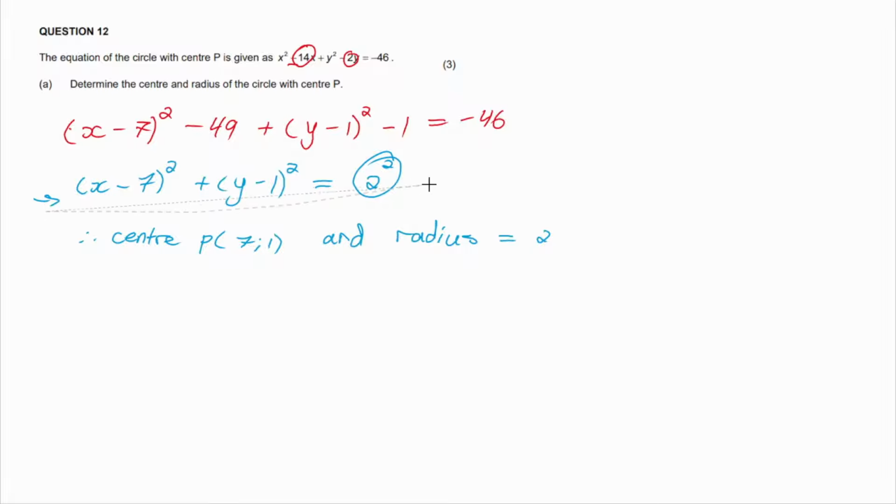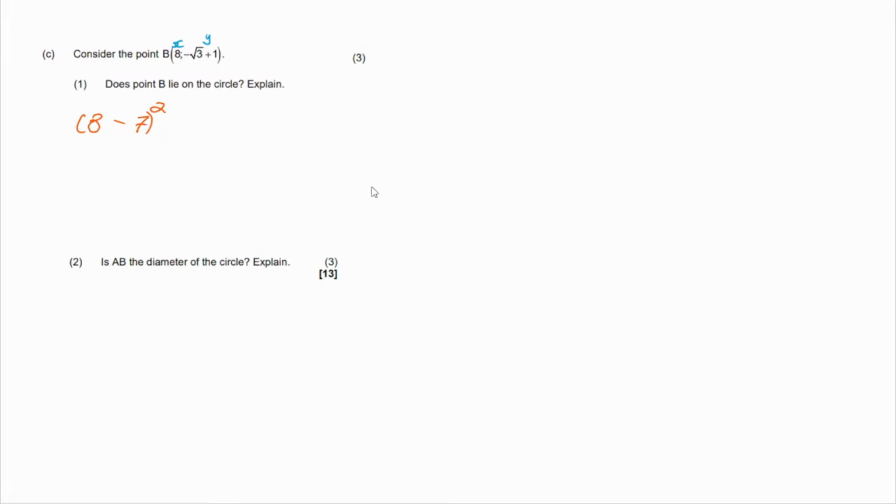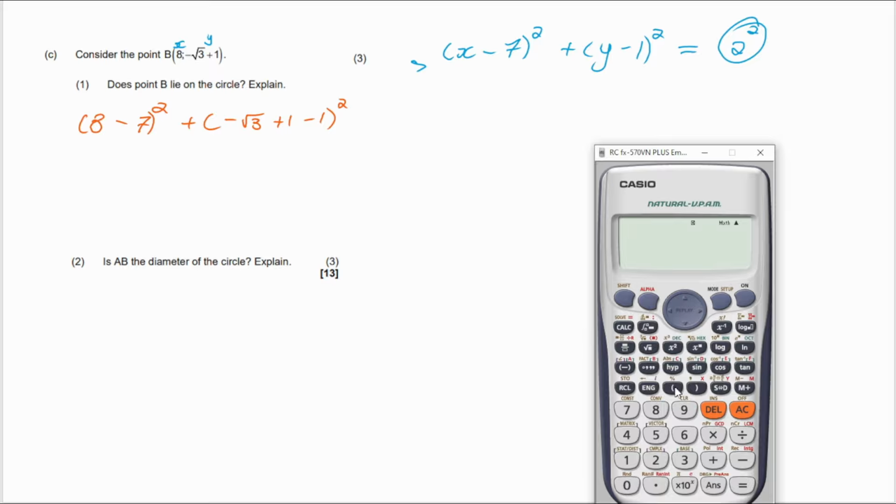Let me bring up the equation of the circle over there. Cool. So if we're looking at the left hand side, we get this plus y is negative root 3 plus 1 minus 1 squared. We need to evaluate this in our calculator. So we get 8 minus 7 squared plus negative root 3 plus 1 minus 1, the 1 just falls away, squared.